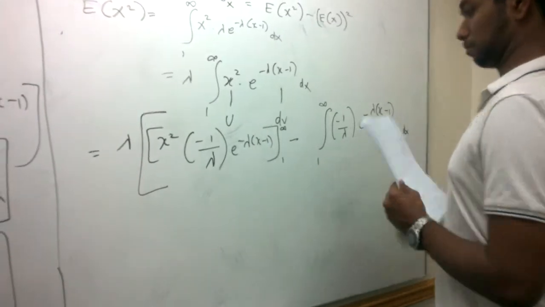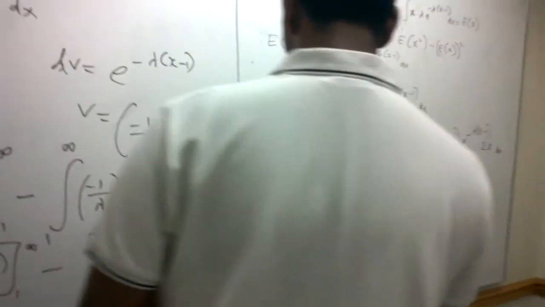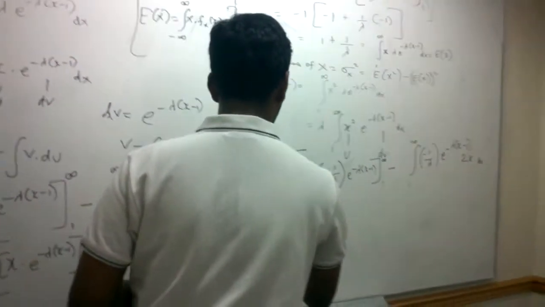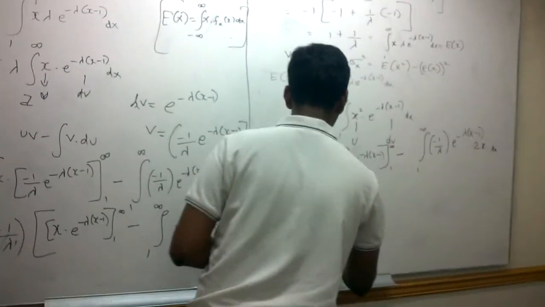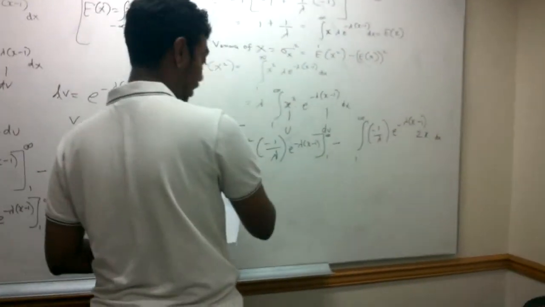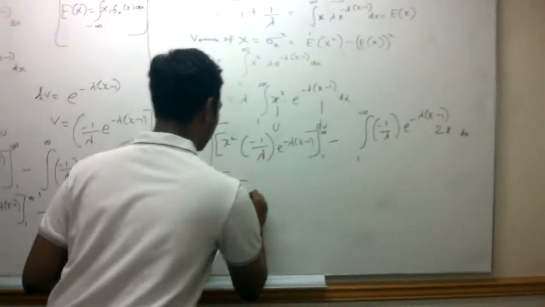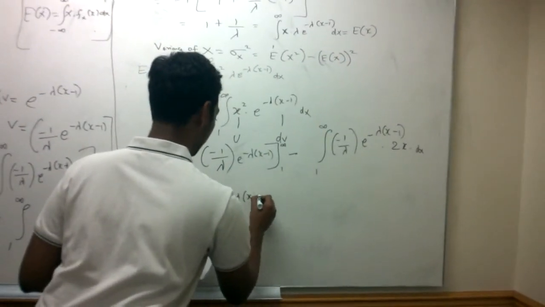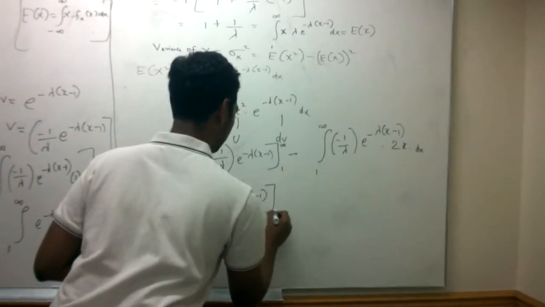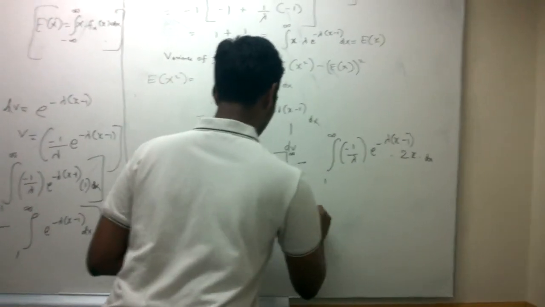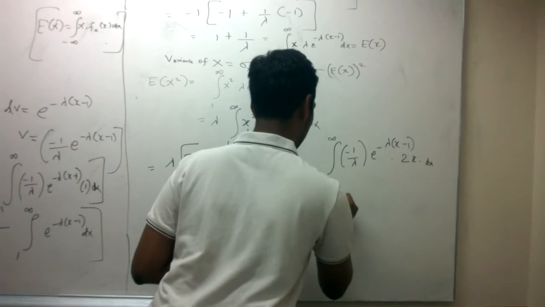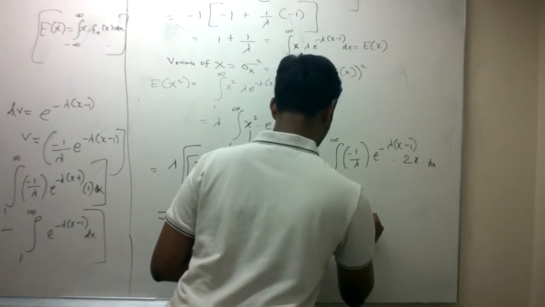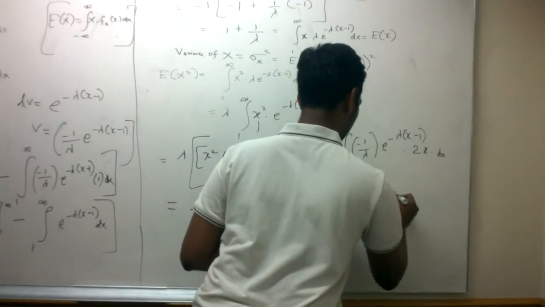Again I'm going to take the 1 by lambda outside, so it's going to be minus 1. Taking it outside and cancelling with this lambda, it's going to be x squared e power minus lambda (x minus 1) varying from 1 to infinity, minus 2 times the integral from 1 to infinity of x times e power minus lambda (x minus 1) dx.